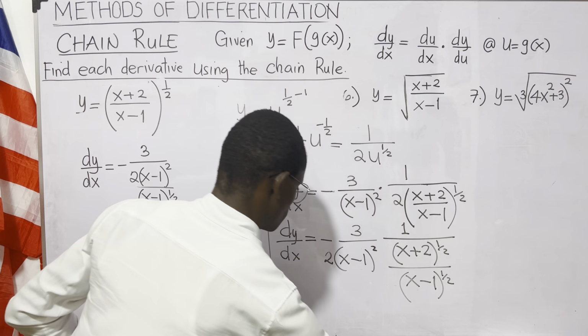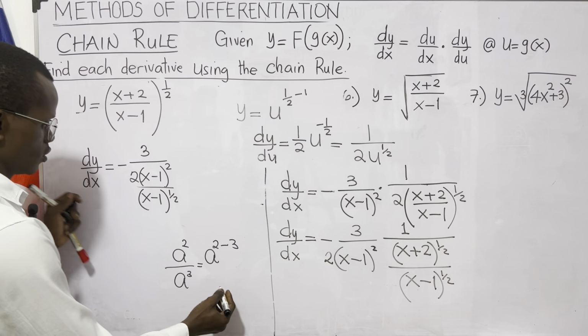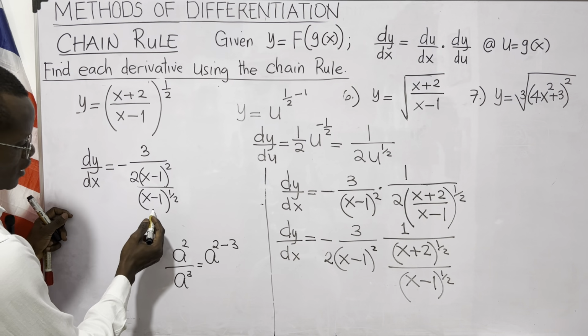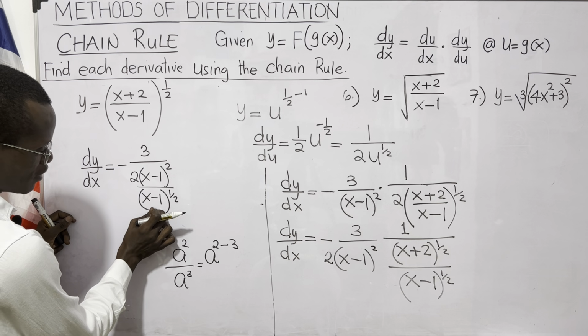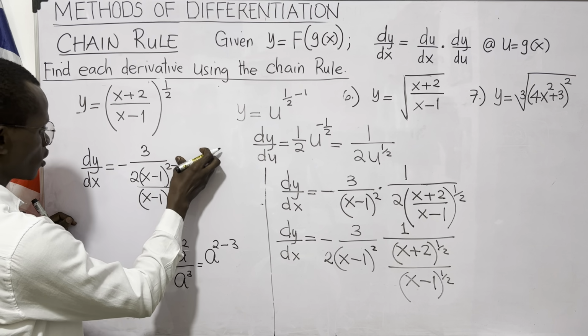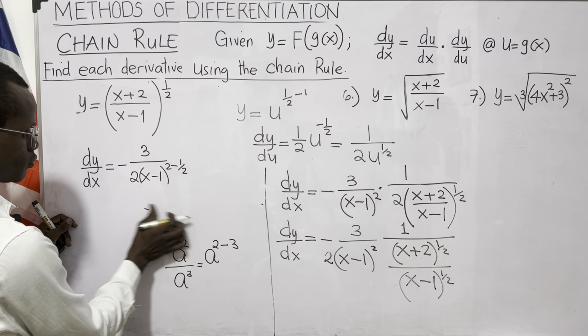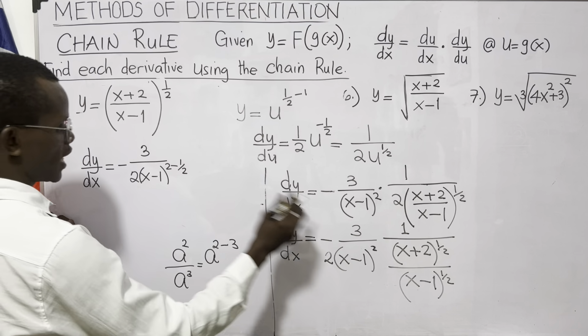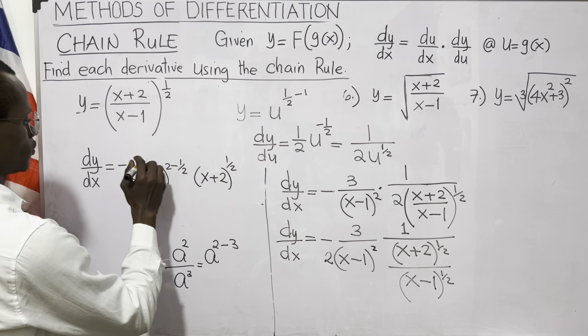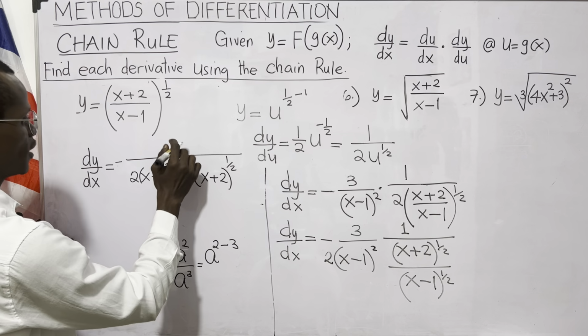Because of this rule, we can apply the same thing here. So it's this divided by this. So now we can say 2 minus 1 over 2, times x plus 2 raised to the power 1 over 2. So that is the whole numerator.